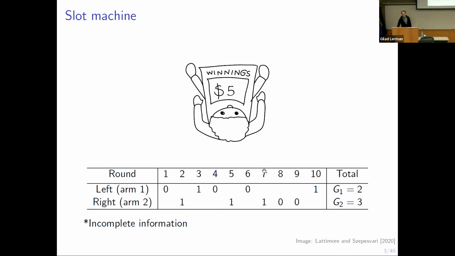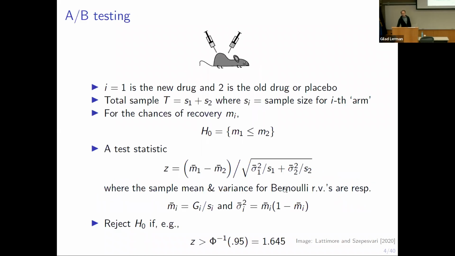So, in a sense, it's an incomplete information problem, and the player needs a policy in terms of deciding which arm to pull based on the previously observed reward. So that's the setting.